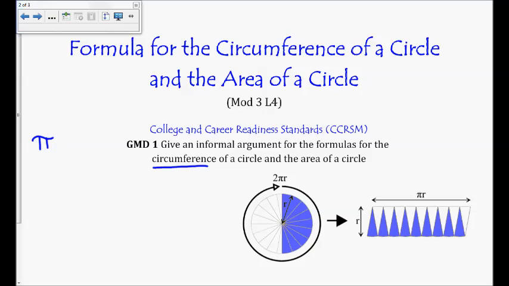Now, I know that you know that pi is roughly 3.14, and it goes on forever. But the definition of pi is that pi is equal to the ratio between the circumference and the diameter.